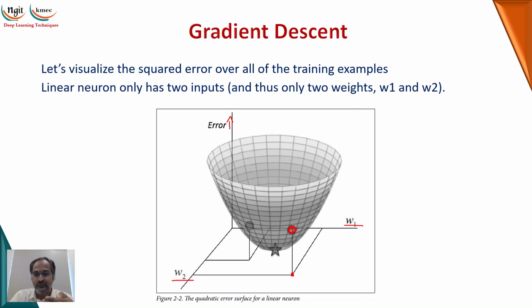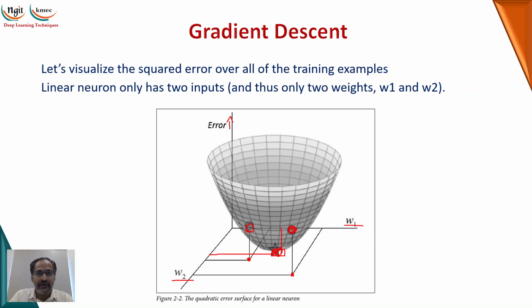After applying these weights in the equation, we may get some value, and for that, if we calculate the error, it may be here. If you take this point, it may have this error, and if you are able to fix at this position, then the error will be zero. Meaning we have to find the proper W1 value and proper W2 value.